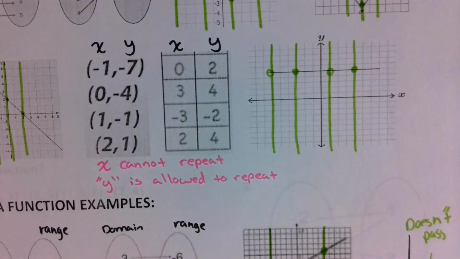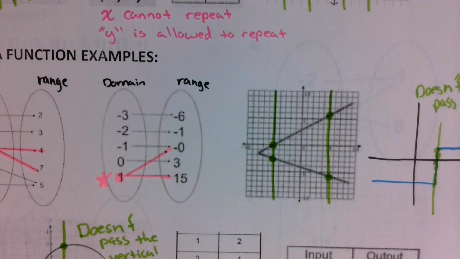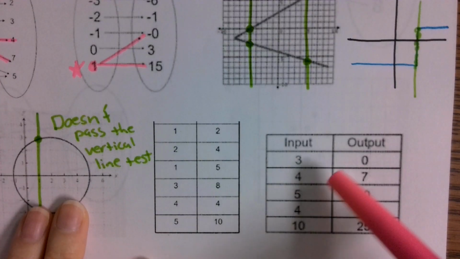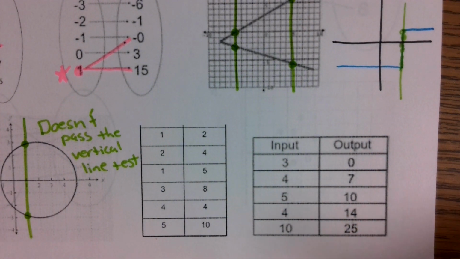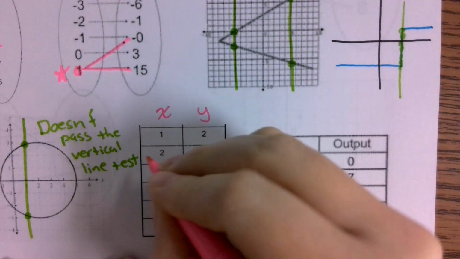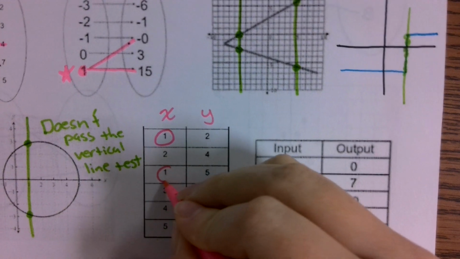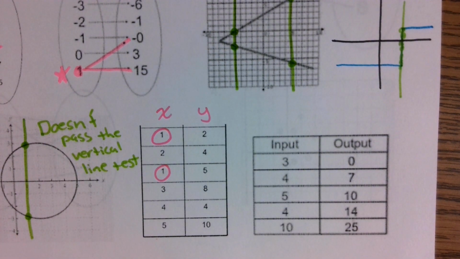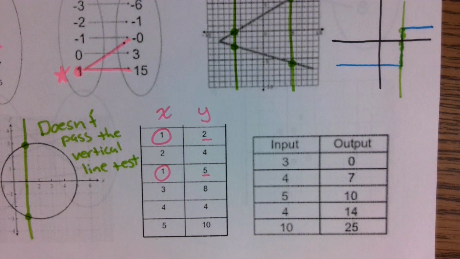That's perfectly fine. So if we take a look down here at the non-function examples, again, this being our x, this being our y, we have a repeat right here of an x. We have a 1 and a 1 with different y values.